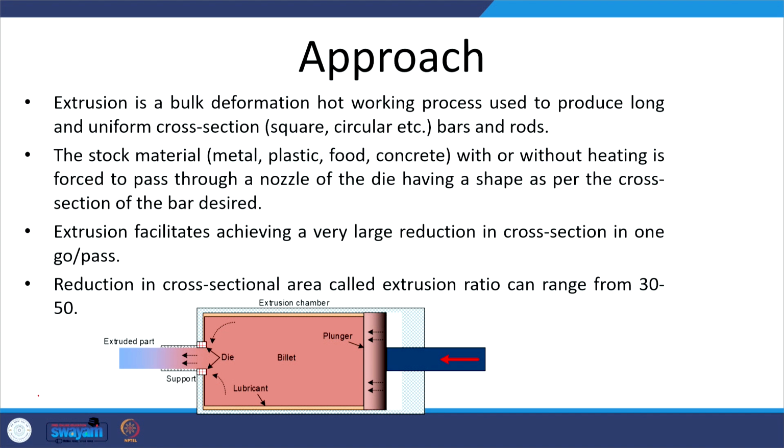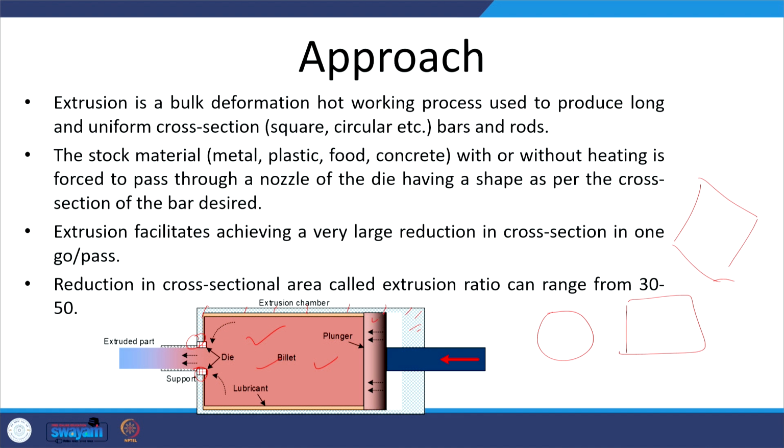or in one pass. So, if we try to see the simplest case, say this is our die, we can say extrusion chamber, and here we have the die with the given opening. This opening can be circular or rectangular, or of any other shape as per the requirement. This is the raw material which is in hot condition.